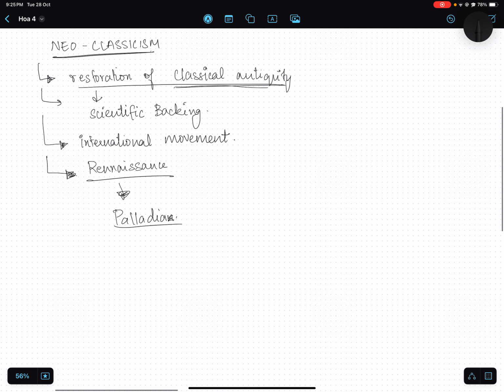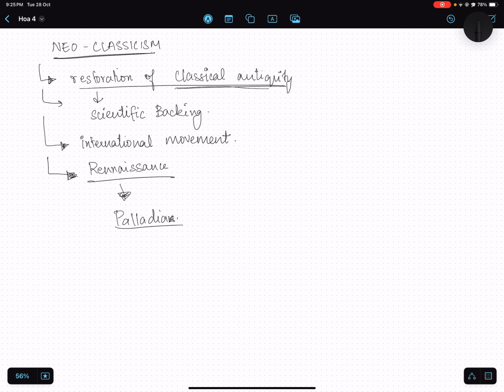And it was called differently in different regions. Like in USA, it was Federal style. And in Britain, it was called Regency style. And so on.